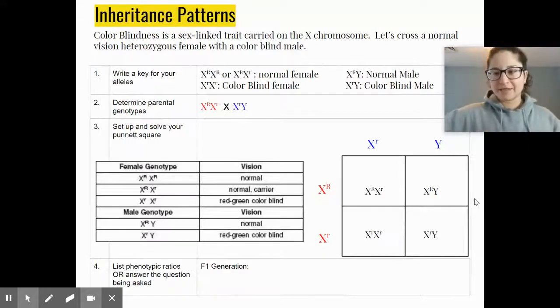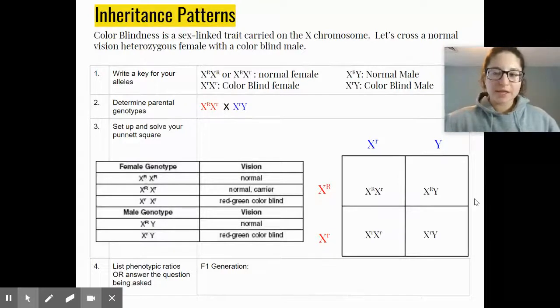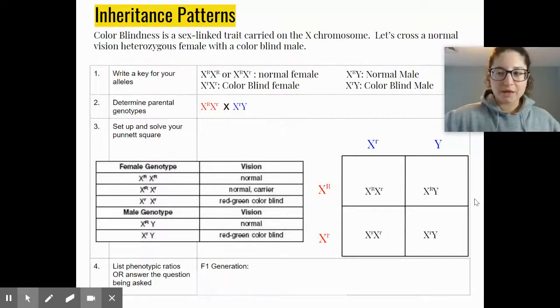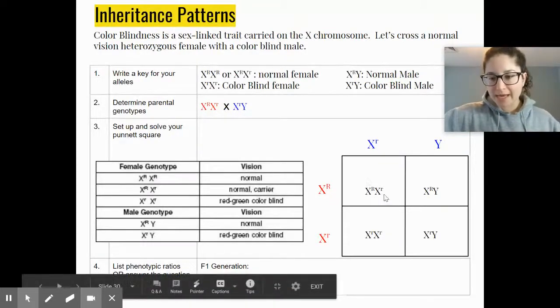Now, in this case, the phenotypes get a little bit more difficult to figure out. It's a little bit more complicated. So not only do we have to pay attention to colorblind versus normal, but we also have to pay attention to male versus female. So in this box right here, XX tells us this is a female.